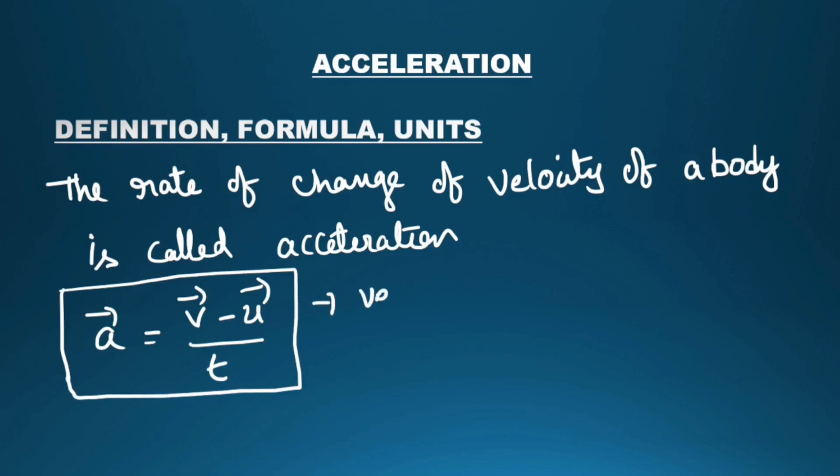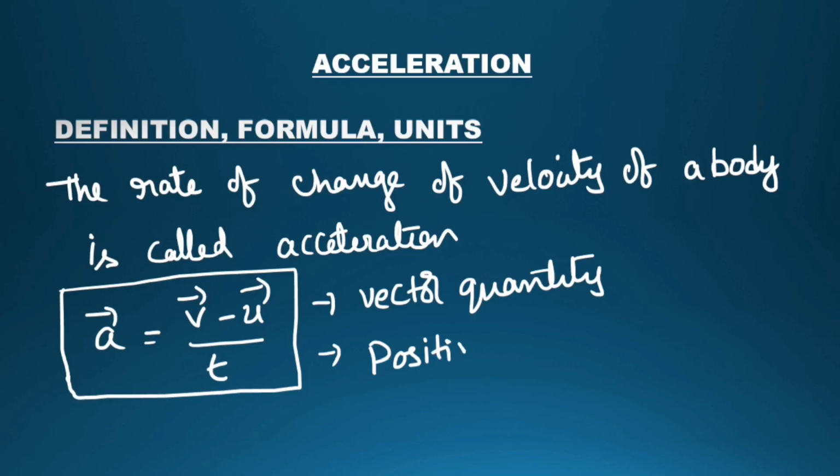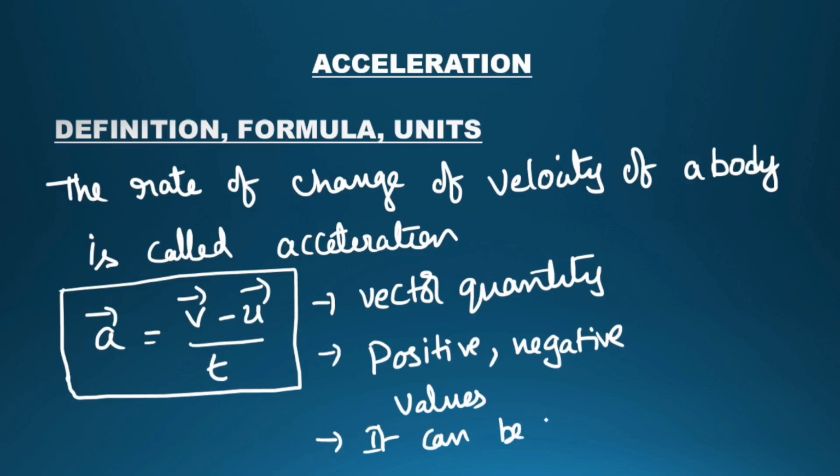So it is a vector quantity. It can have positive values, negative values. It can be zero also. See, the important point is acceleration. The body experiences acceleration whenever there is a change in velocity only.